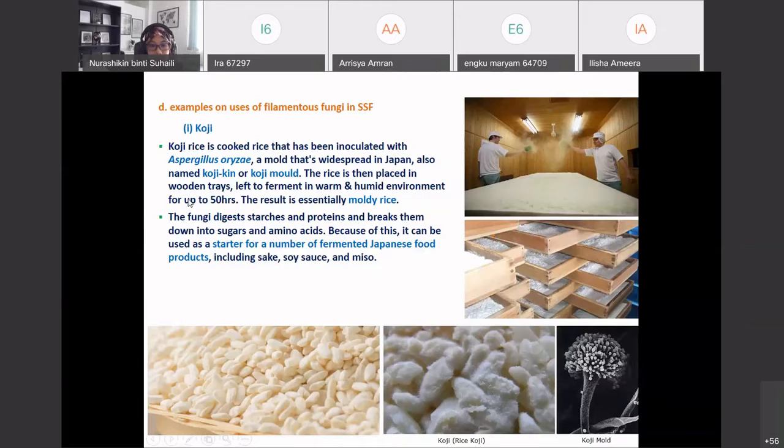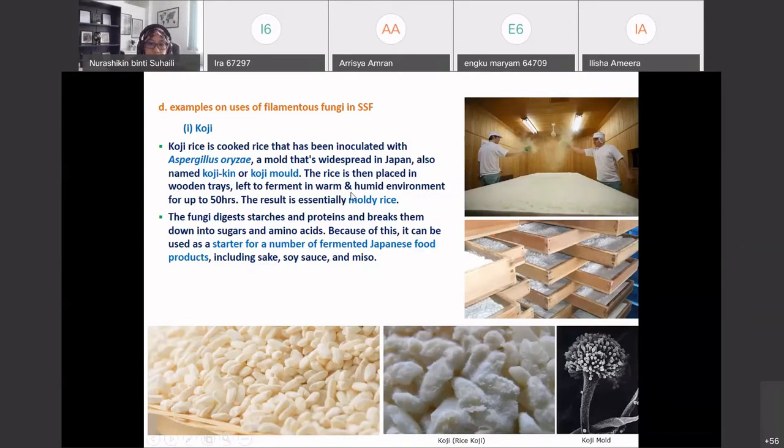It is placed in a wooden tray, so it is exposed to air. It's not in a jar. For certain fermentations, like if you make kimchi, I think it's fermented in a jar, but this one needs aeration perhaps. So it's best to be placed on the tray.